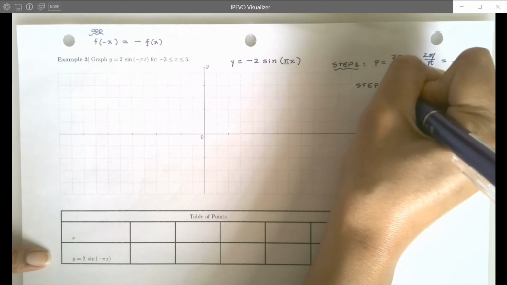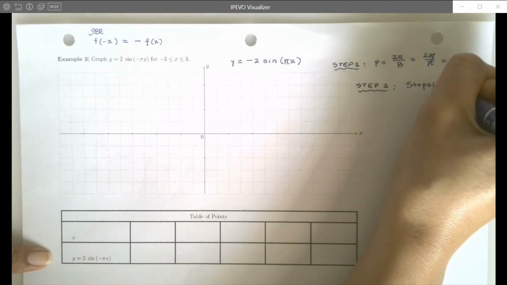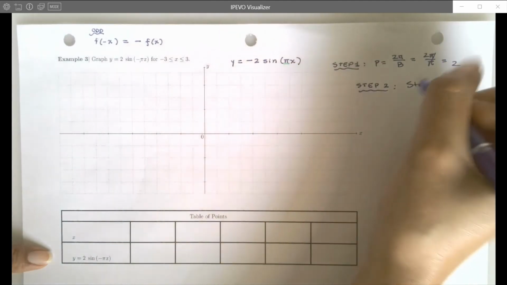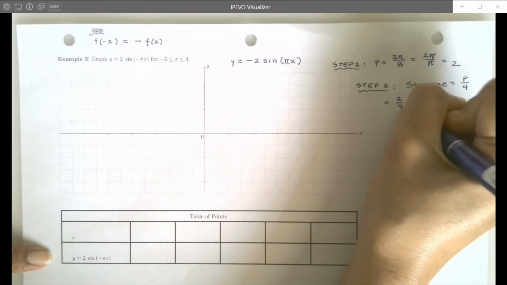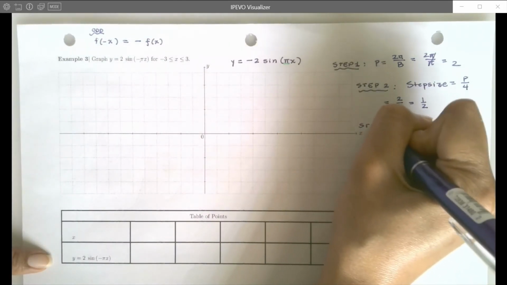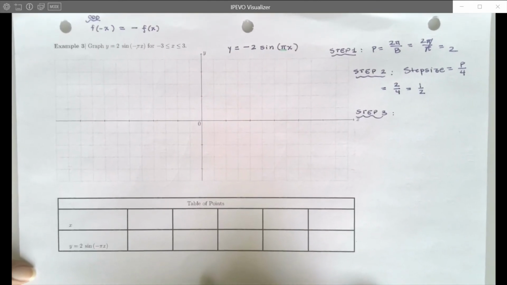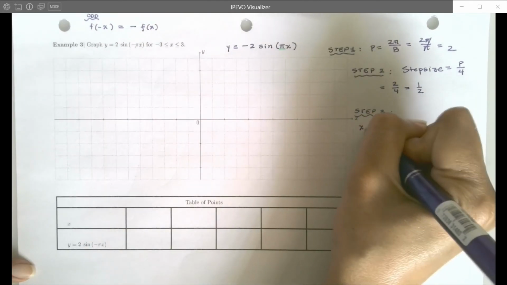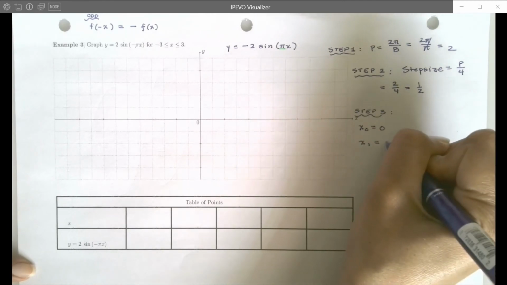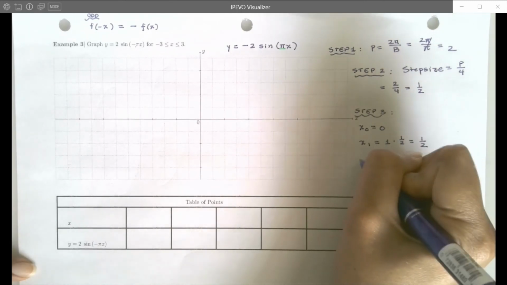The next step is to find the step size. And the step size is going to be the period over 4. That means that we have a 2 over 4 for a final step size of 1/2. Alright, so now we need to find the x values, starting with x0 being 0. Okay, the next x value will be given by 1 times the step size, so 1 times 1/2, which is just 1/2.